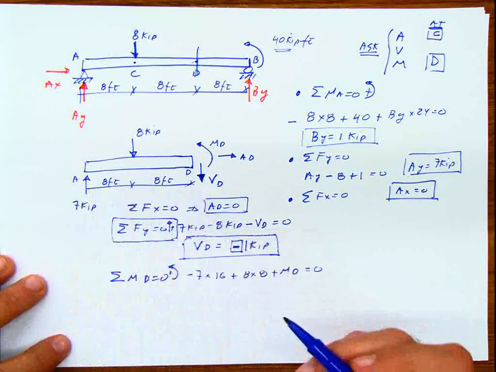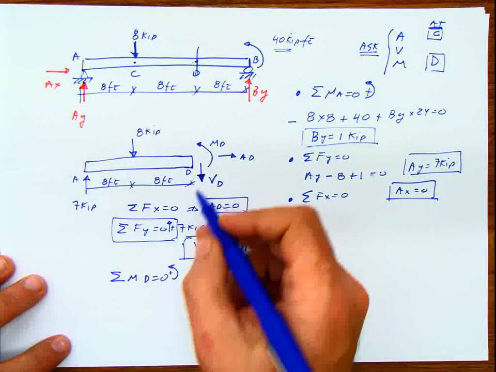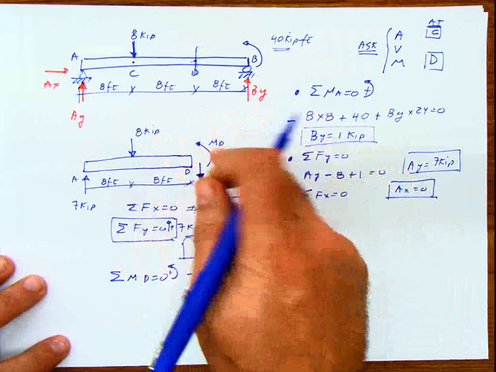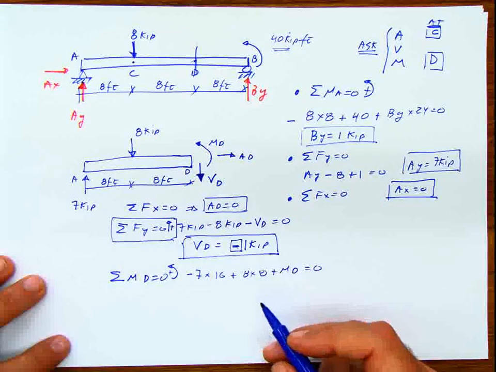Seven times 16 plus 8 times 8 plus MD equals 0.